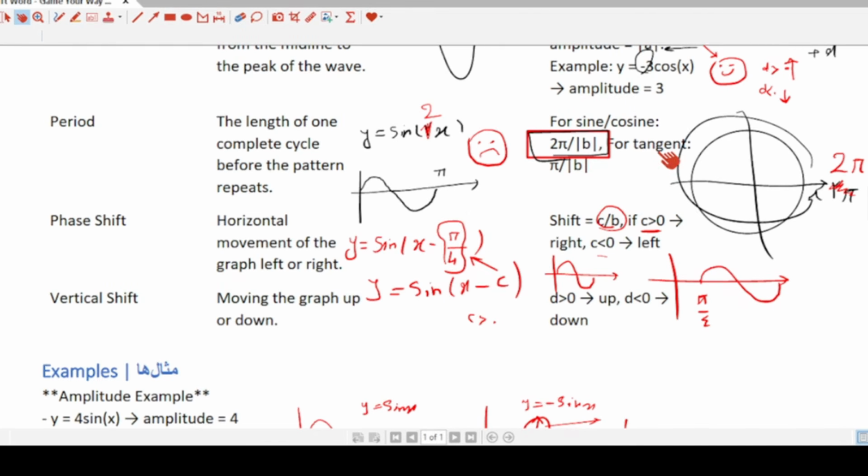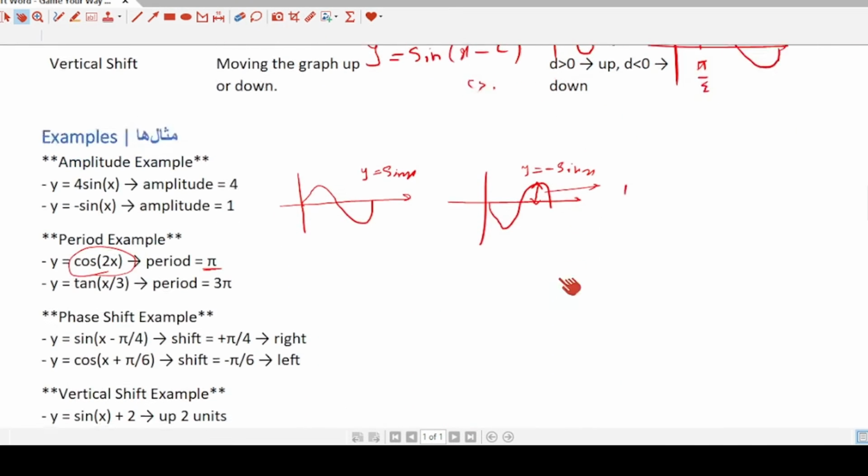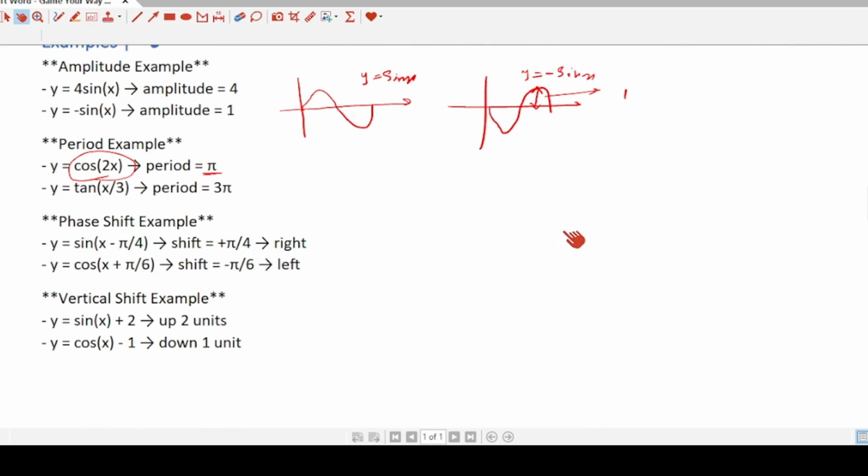If it is tangent, the period is pi over the absolute value of the coefficient of x. We had already studied the graph of tangent, so the period is pi divided by the absolute value of the coefficient of x, which now is 1/3. So the answer will be 3 pi.